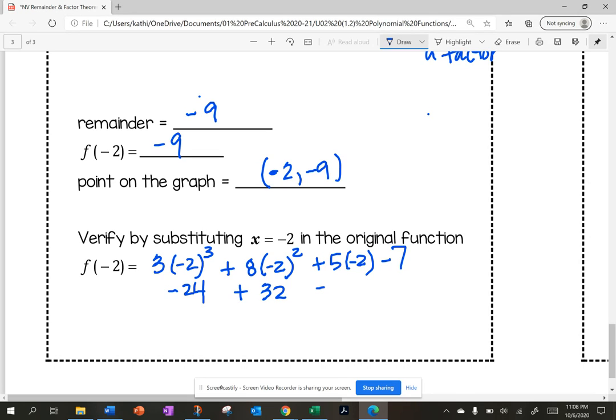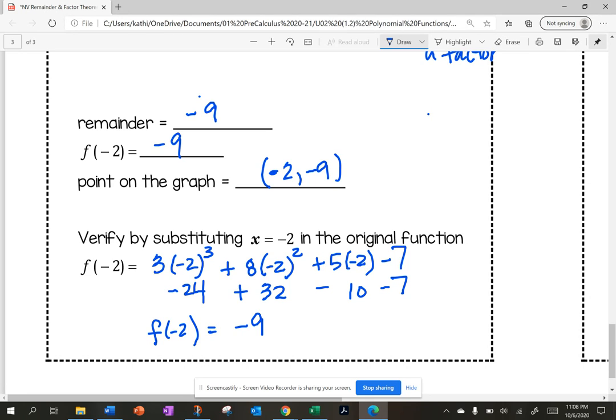Minus 10, minus 7. Okay, so 32 minus 24 is 8. Minus 10 is -2, minus 7 is -9. So we said f at -2 equals -9. So we verified that. Okay, so this is seeing the same problem several different ways.